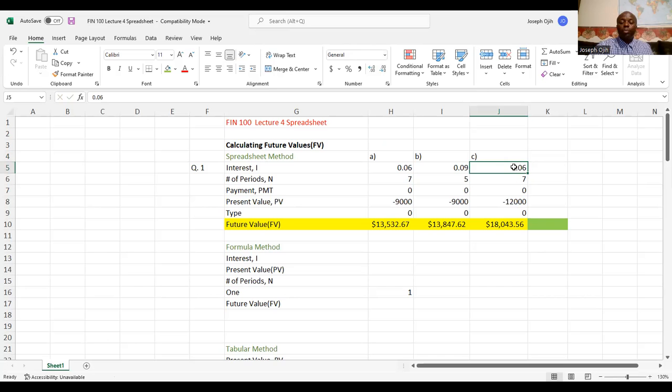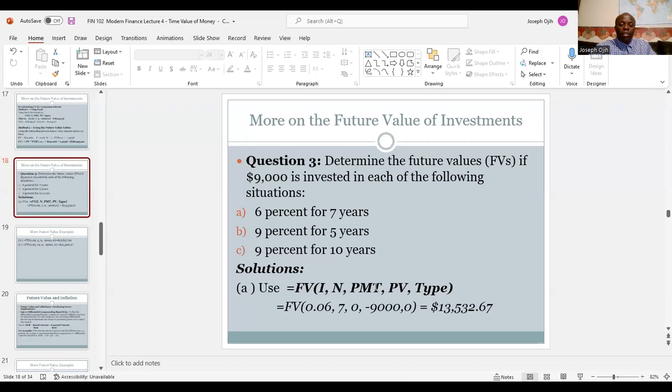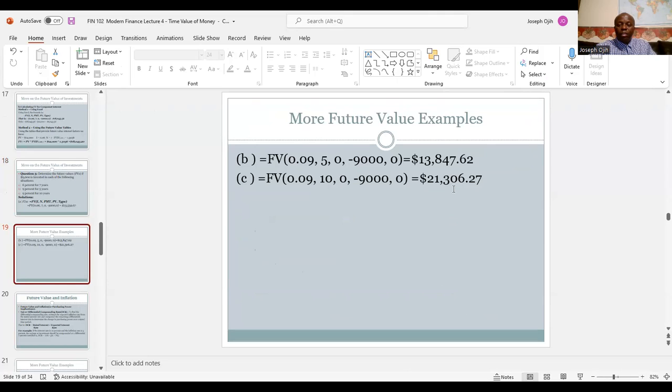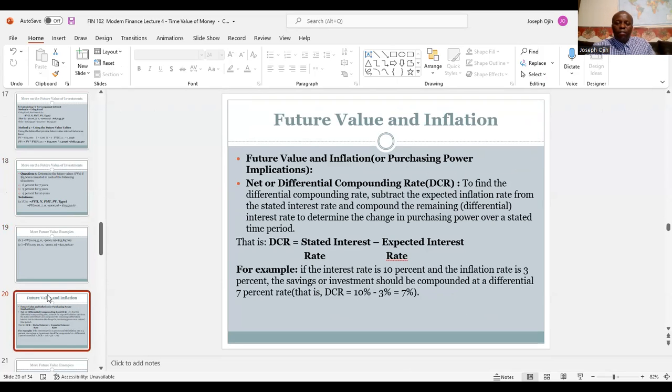Interest is 9%, 0.09, number of years is 10, and the amount invested is $9,000. You can see the difference. Same 9%, same amount, but the higher the number of years, the more you receive. The answer is $21,306.27. So this is finding the return on investment, the future value of an investment.